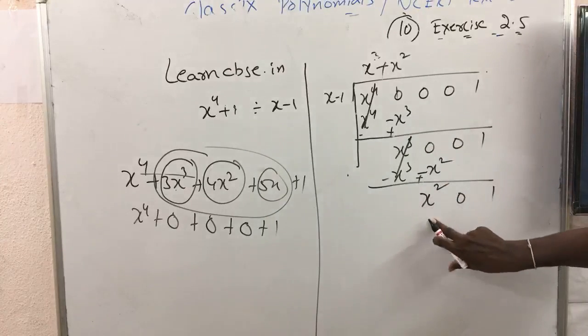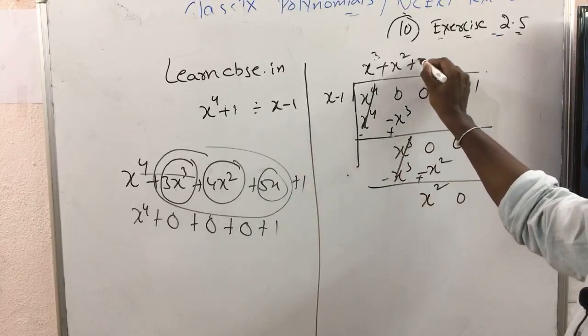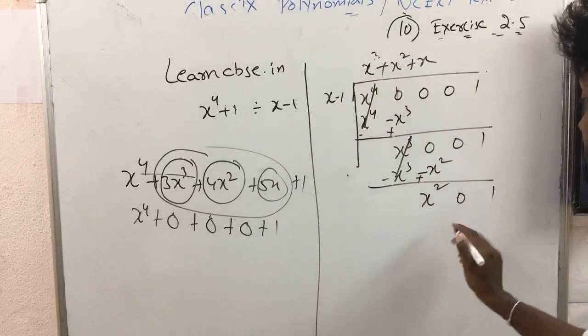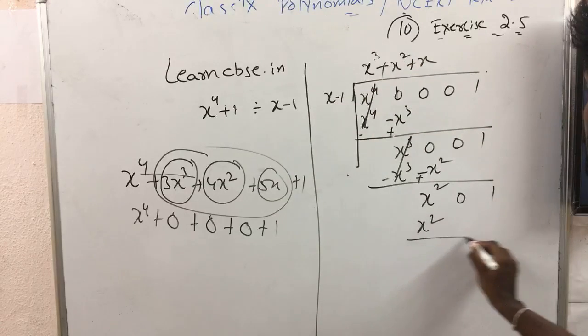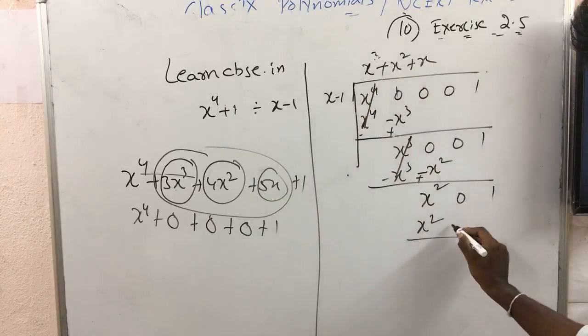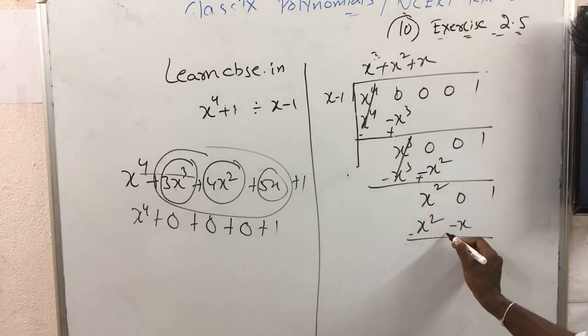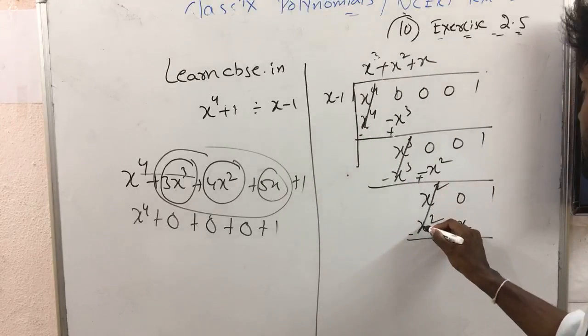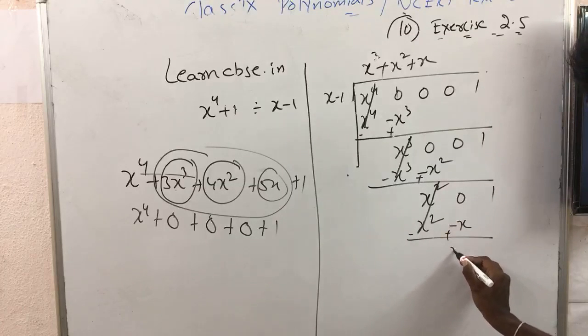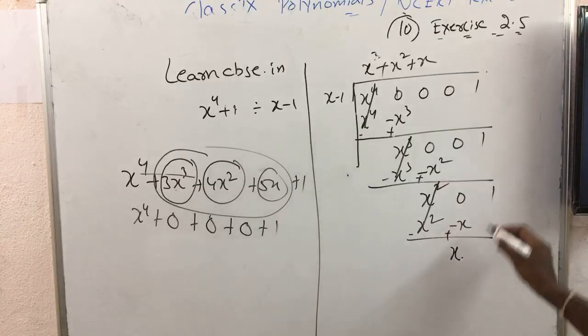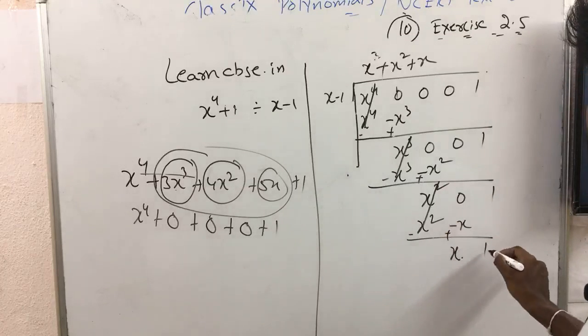Now we have to get x square. So x into x, plus x square, minus 1 into x, minus x. Subtract, minus into plus, minus, minus into minus, plus. These two will get cancelled. You will be left with x plus x and 1.